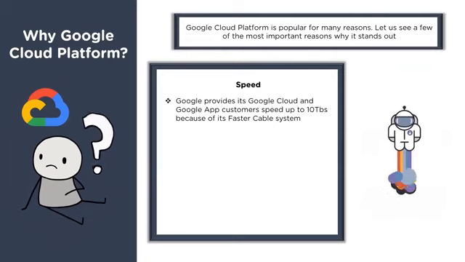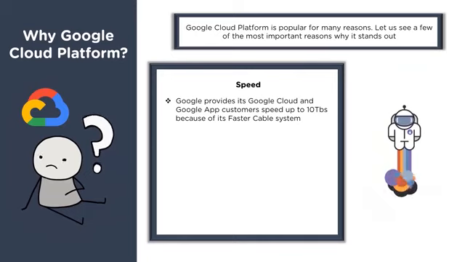Now, when we talk about speed, we don't need to really challenge this aspect when it comes to Google services. So Google provides its Google Cloud and Google App customers speed up to 10 terabytes because of its faster cable system. There are different kinds of machines which can be used if you're talking about computation, memory hungry applications, or even storage intensive workloads.